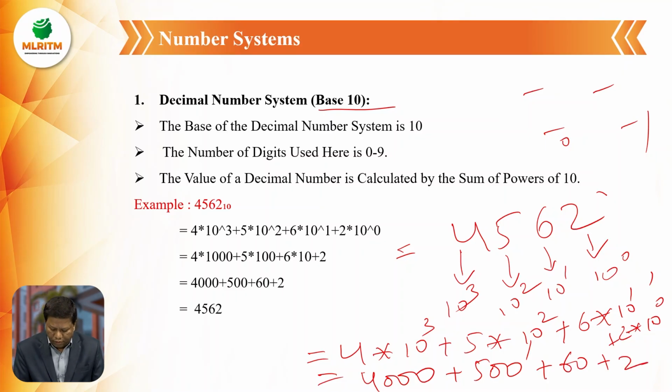By adding all these, we get 4562. That is for the decimal number system.